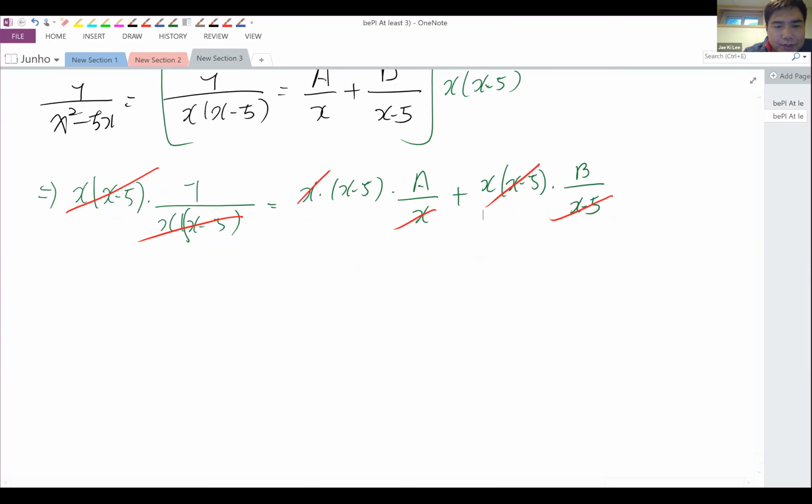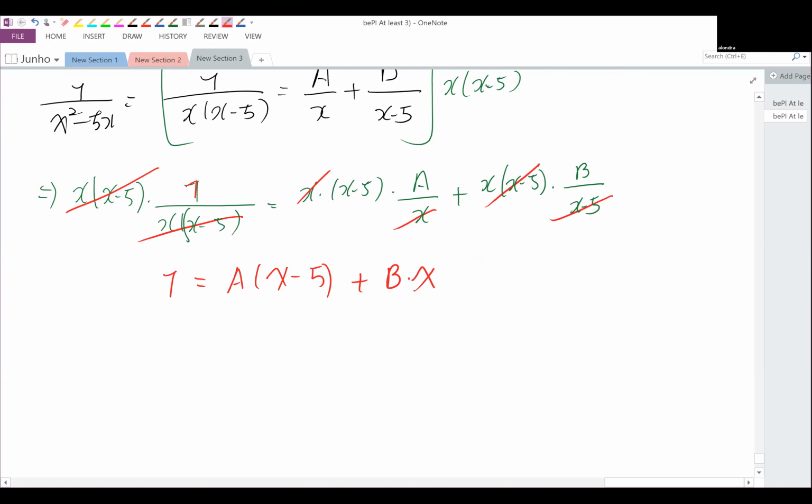Then this becomes 7 equals a times x minus 5 plus b times x. As you see, these two factors are the key values to find a and b. So set them equal to 0. So x minus 5 equals 0 and x equals 0. Then x equals 5 or x equals 0.